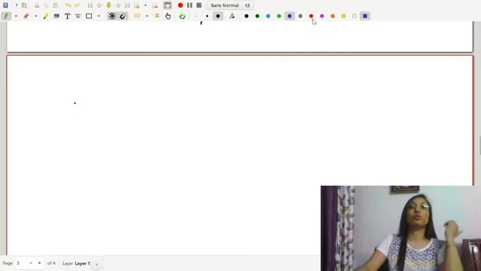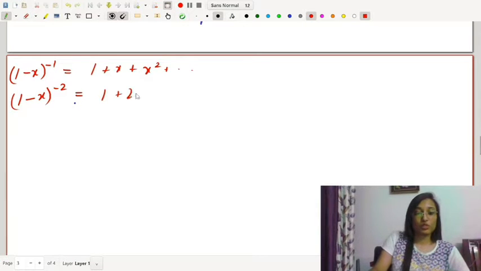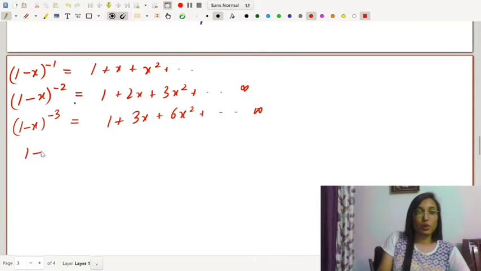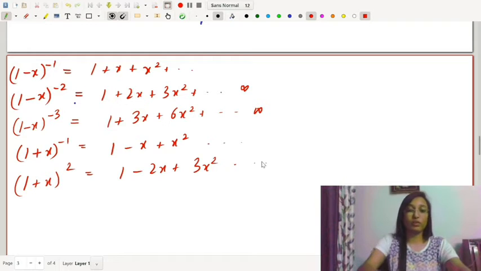Some of the formulas which you should remember: (1 minus x) का inverse is equal to 1 plus x plus x square and so on up to infinity. (1 minus x) raised to power minus 2 is 1 plus 2x plus 3x square up to infinity. (1 minus x) raised to power minus 3 is equal to 1 plus 3x plus 6x square, so on up to infinity. (1 plus x) का inverse is equal to 1 minus x plus x square and so on, alternating terms. (1 plus x) raised to power minus 2 is equal to 1 minus 2x plus 3x square, alternating terms up to infinity.